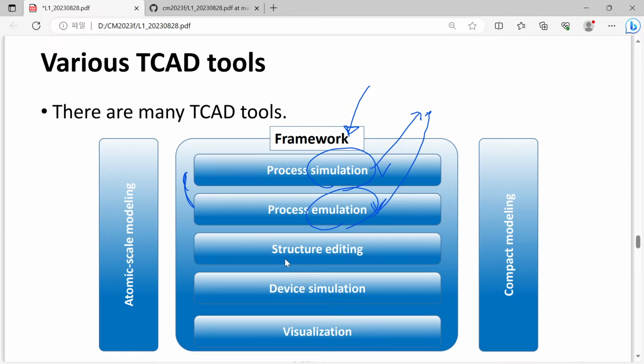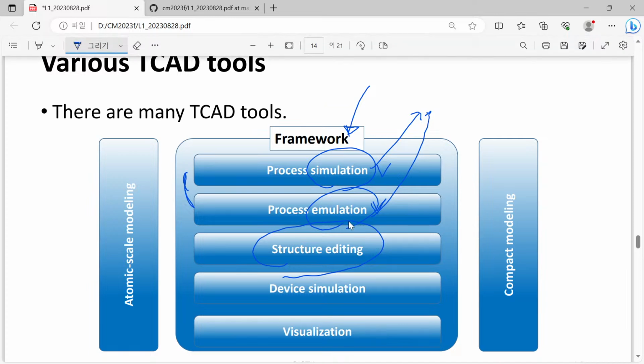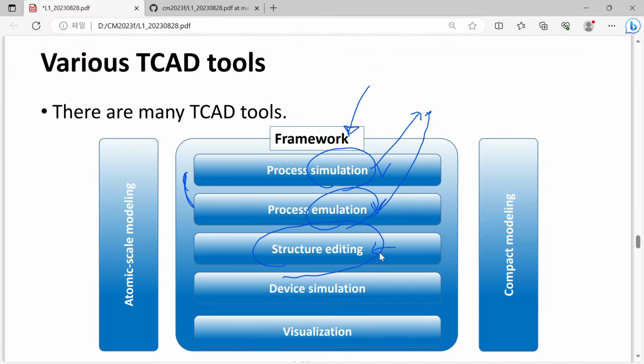And another way to generate the structure is structure editing. This is just like drawing your device, and yes, that is quite an easy way. However, this has nothing to do with a realistic process. So this is usually used at the initial stage of our technology development. At the initial stage, we have no silicon data.